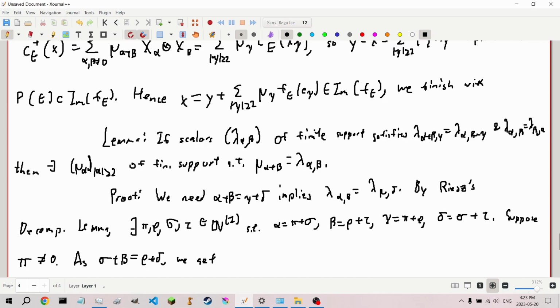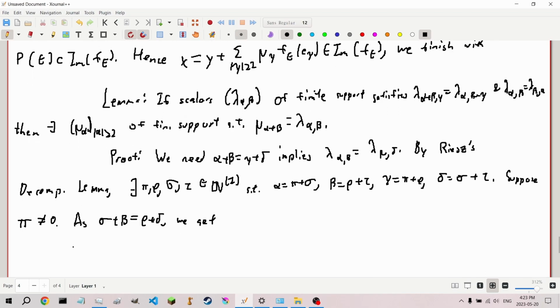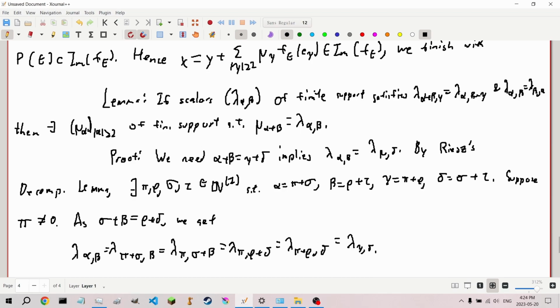We get that lambda of alpha, beta is equal to lambda of pi plus sigma, beta, which is lambda of pi, sigma plus beta, which is lambda of pi, rho plus delta, which is lambda of pi plus rho, delta, which is lambda of gamma, delta.